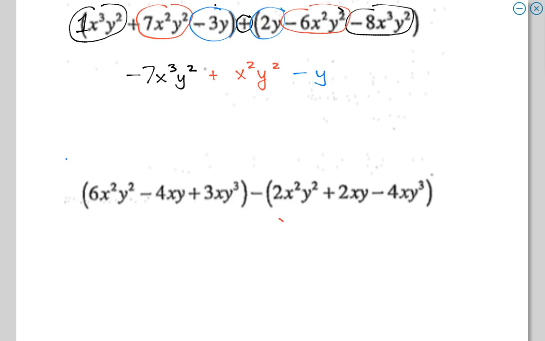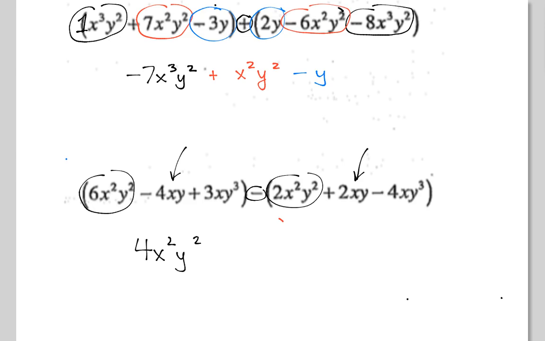Now for the challenge. For x squared y squared, 6 take away 2. There's 4 of them. And for the xy's, you have negative 4 of them, and you subtract 2 more. So that makes negative 6 of them.